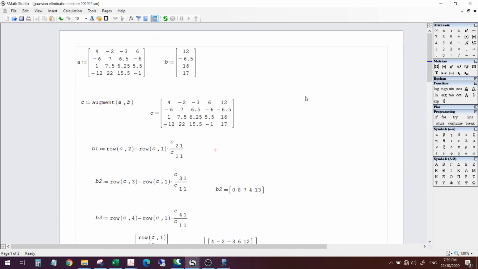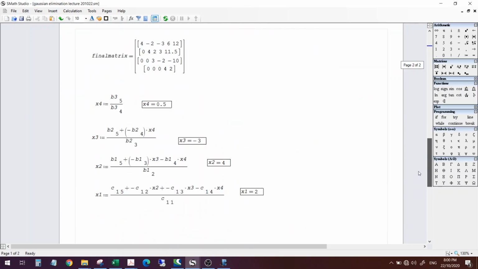The good thing about creating a code or a spreadsheet using SMAT is, if ever there's a 4 by 4 problem, or 4 equations, 4 unknowns like this, you can get the solution right away.